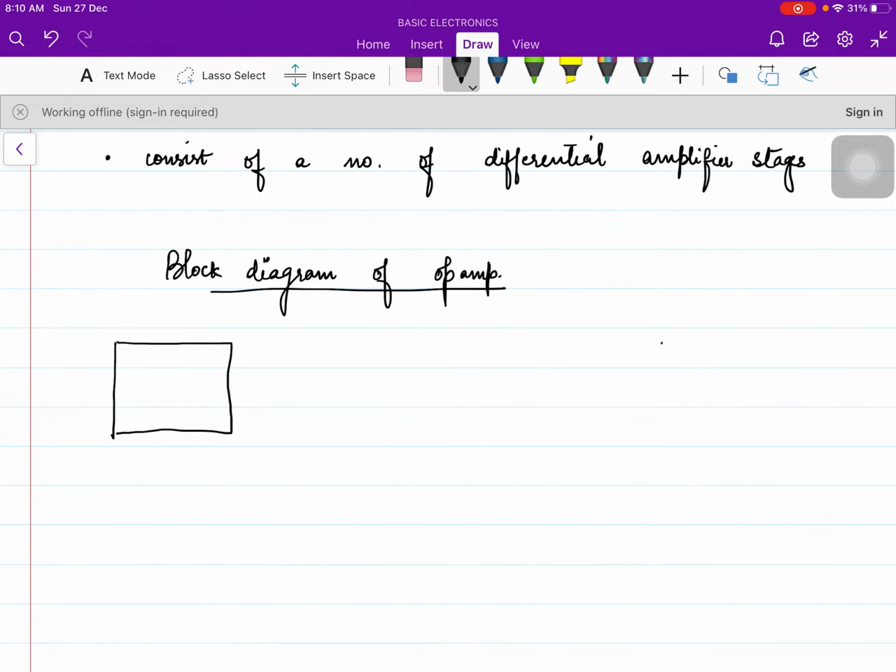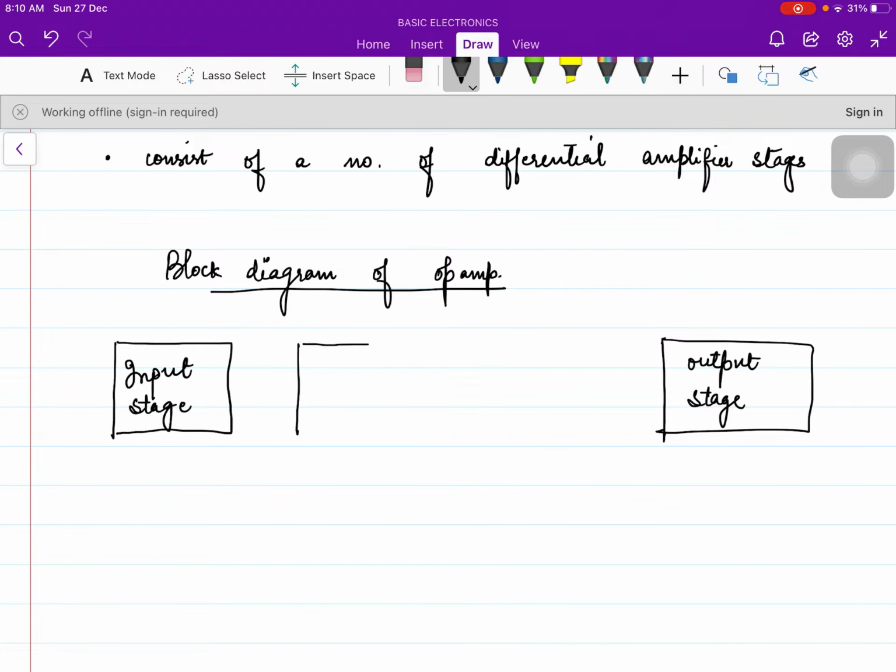The first and the last stage is simply called input stage, which can be easily remembered, and output stage. The second one is the middle one out of the 4 stages, so it is called intermediate stage.